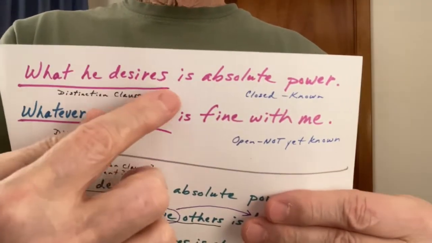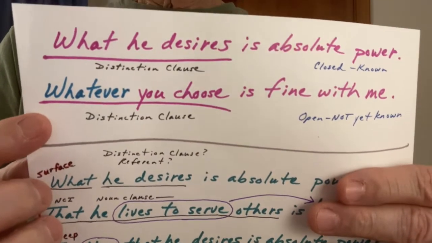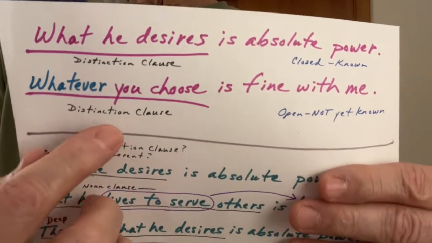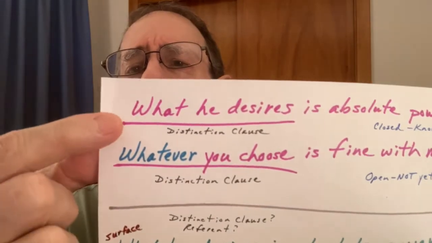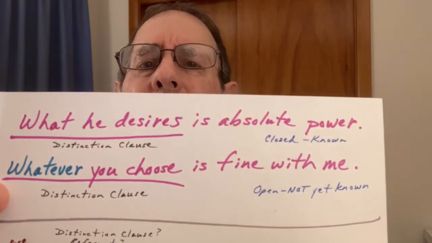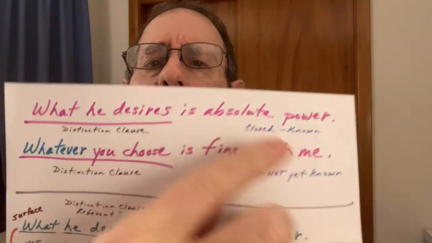Okay, so let's look at that same sentence. What he desires is absolute power. Now here's another one with whatever. Whatever you choose is fine with me. So what he desires is a distinction clause, and whatever you choose is a distinction clause. Now, what he desires is absolute power.